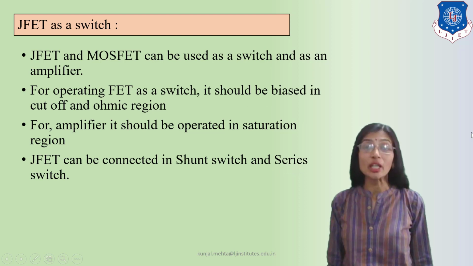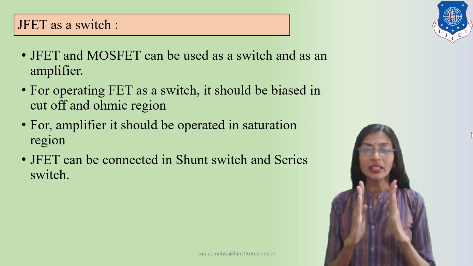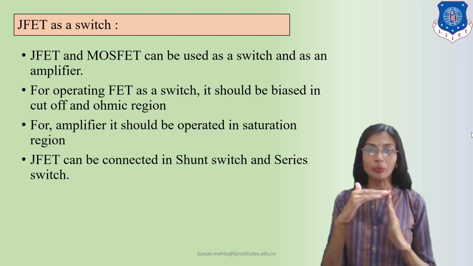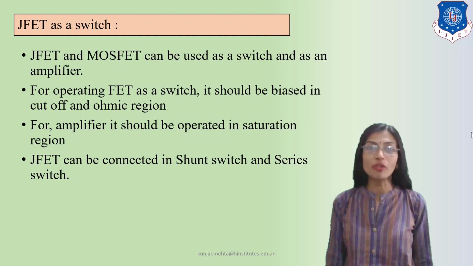The JFET can be connected in shunt, that means parallel to the input, or in series with the input. According to that, JFET can be used as a switch in two different types. It can be open switch or it can be closed switch, on and off switch.